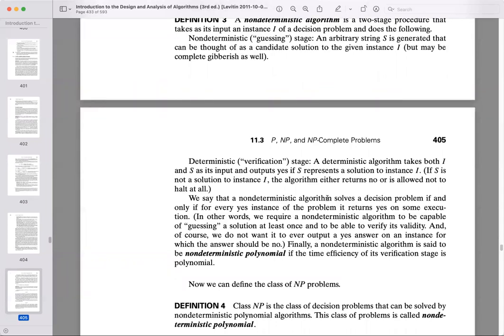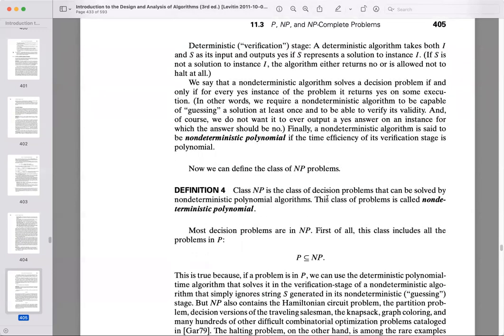So these non-deterministic algorithms, we say they solve a decision problem if and only if for every yes instance of the problem, our algorithm will return yes on some execution. So it will be able to guess a solution at least once and be able to verify its validity. And we never want it to output a yes for what should be a no. So if we have a non-deterministic algorithm that, by guessing in some way, can come to an answer, then we say this is non-deterministic polynomial if the time efficiency of the verification part is polynomial.